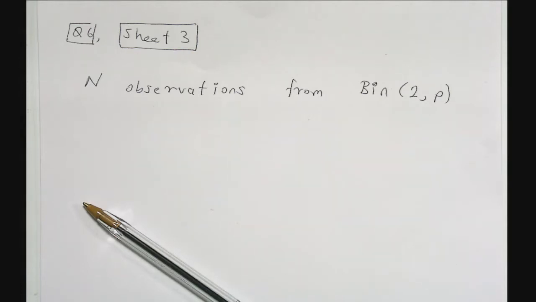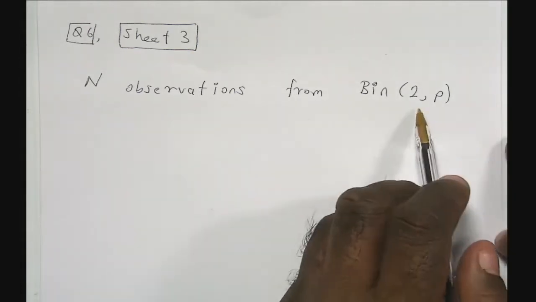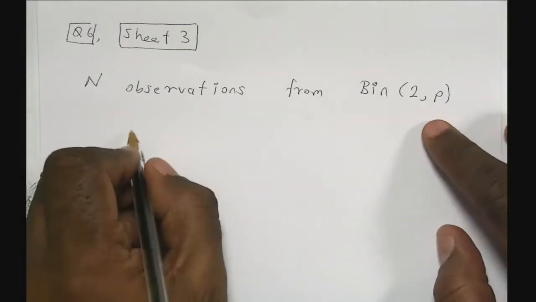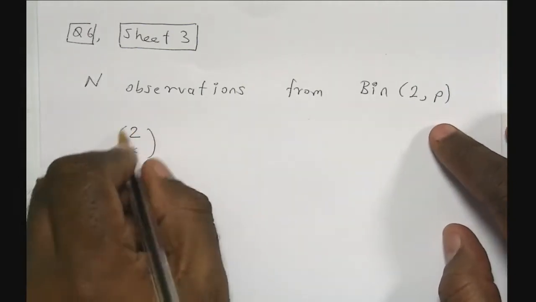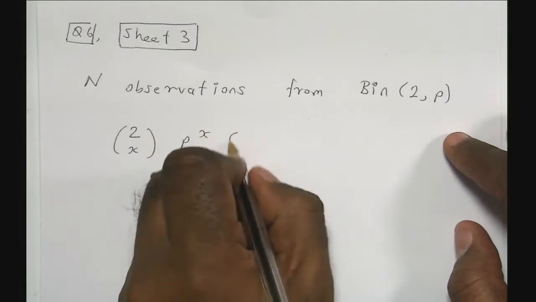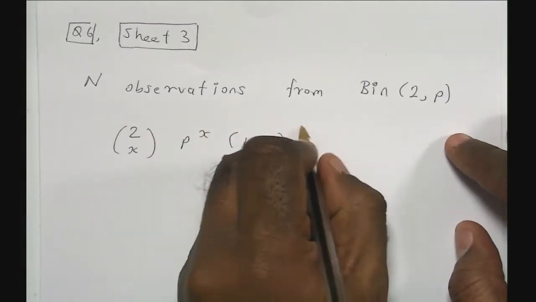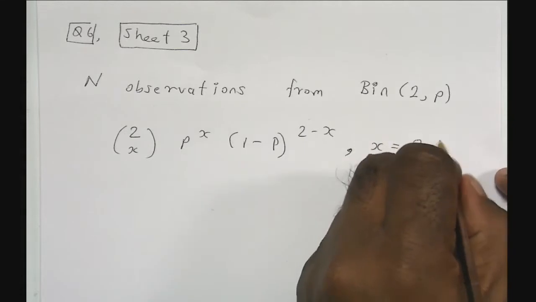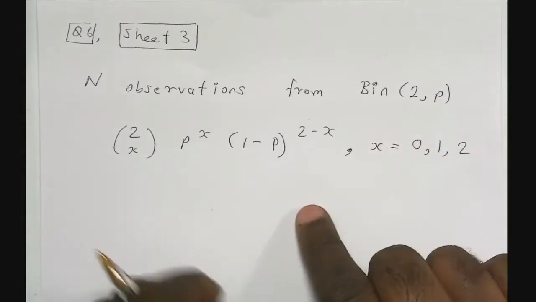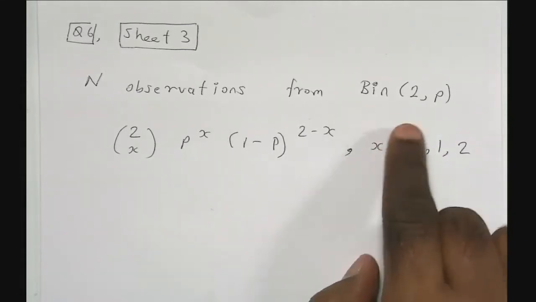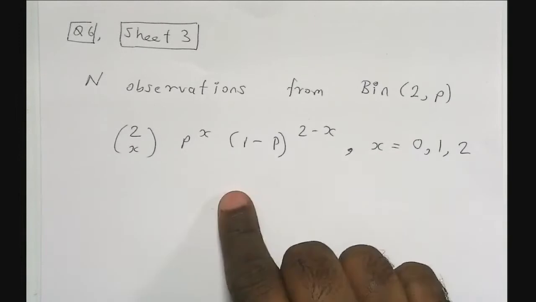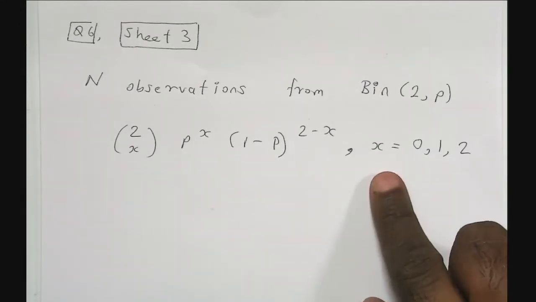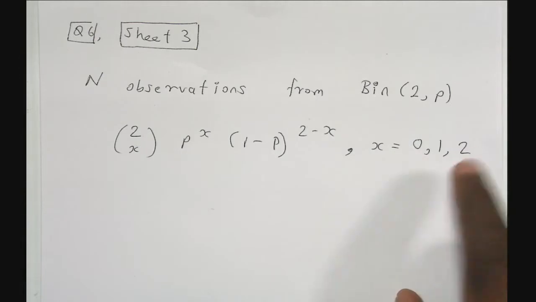We had n observations from a binomial random variable with these parameters. A binomial random variable with parameters 2 and p has this PMF, and the possible values for x can be 0, 1, or 2.